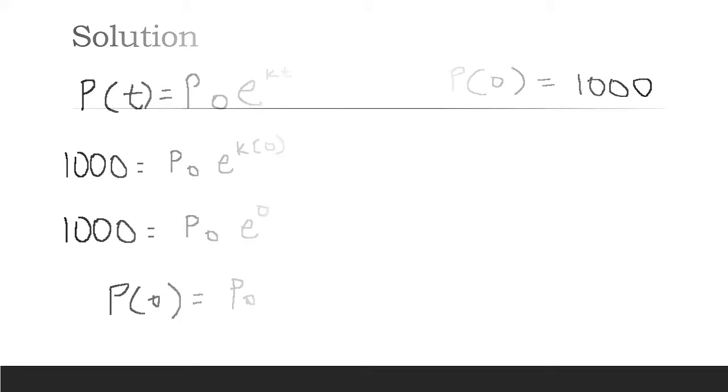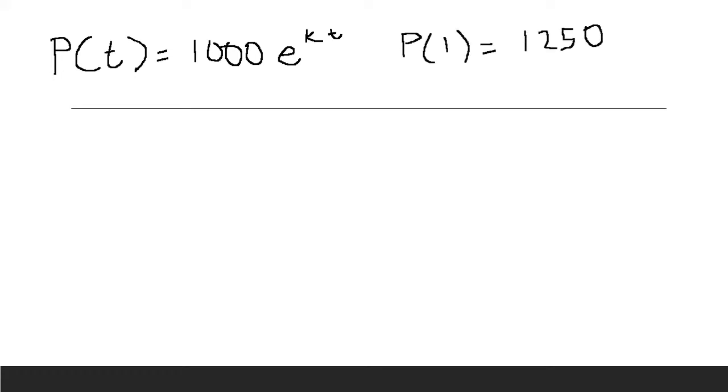We can use any point in the data table, but let's use the first one in the year 2001. t is equal to 1, so the population at t equals 1 is 1250. So let's replace P(t) with 1250, and let's replace t with 1 in order to solve for k.